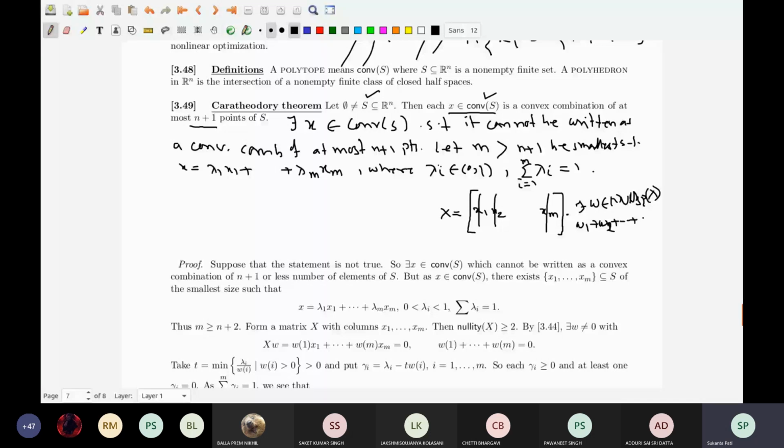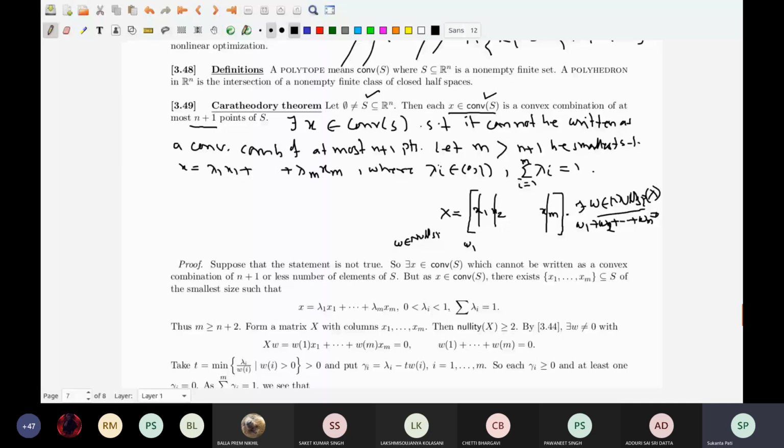Now this is a non-trivial vector and the sum of the entries is equal to 0, so there will be at least one positive entry. And by the way, this is in the null space of X. It means that w belongs to the null space of X, which means w1 times x1 plus ... plus wm times xm is equal to 0. Just the matrix multiplication.